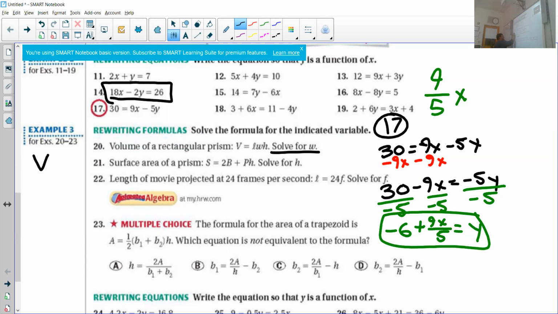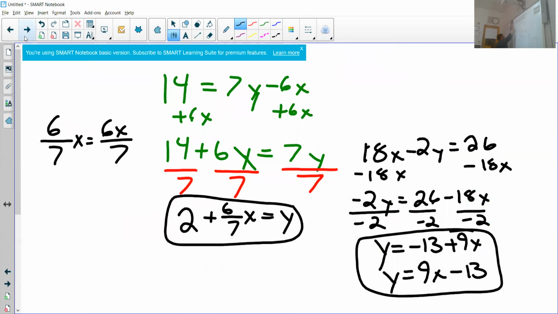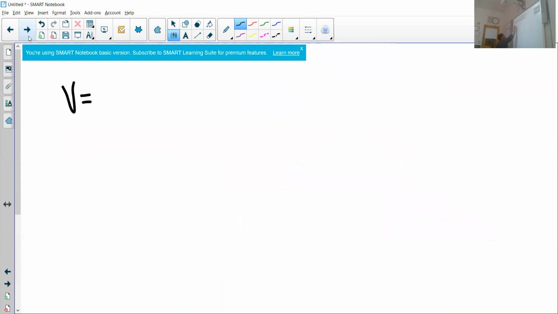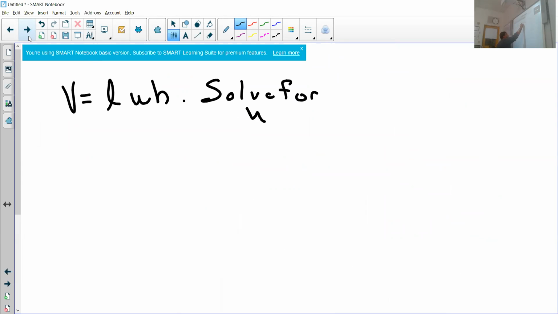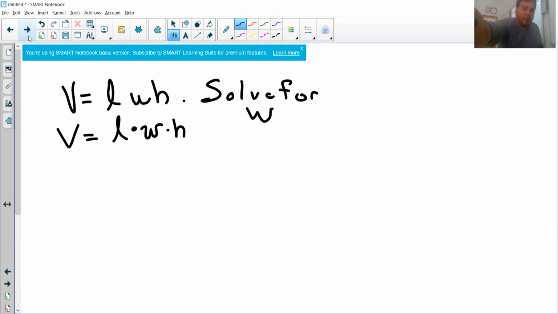So we have V equals, actually, let me do the page. V equals LWH. Solve for W. All right, so what's happening here is we have V equals length times width times height. Both length and height are being multiplied to width.